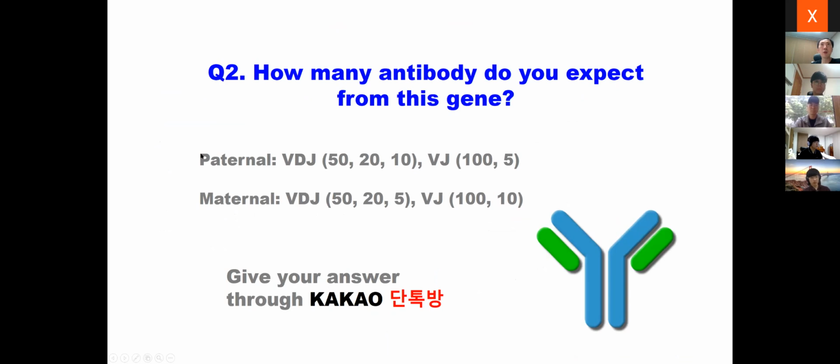We have one set of genes from the father and the other set from the mother. Now, if you consider these two, can you calculate how many total antibodies we can generate? This time I tried to make a simpler number. Can you give the answer?